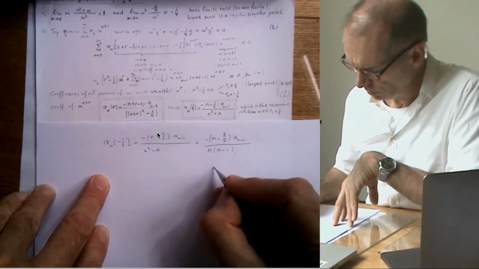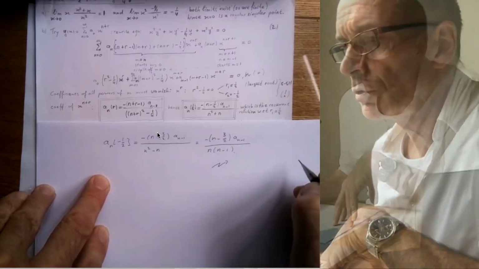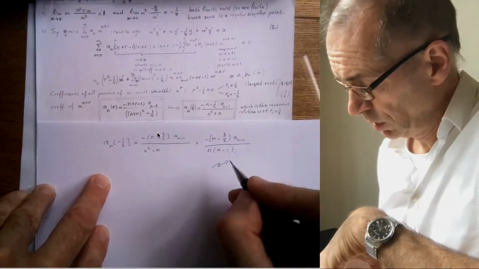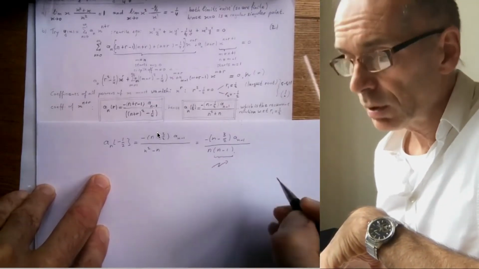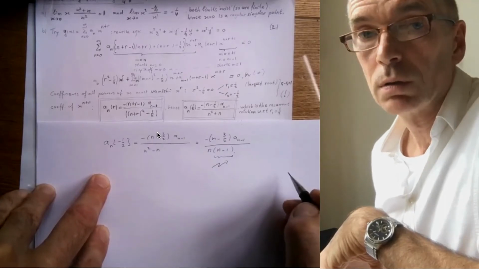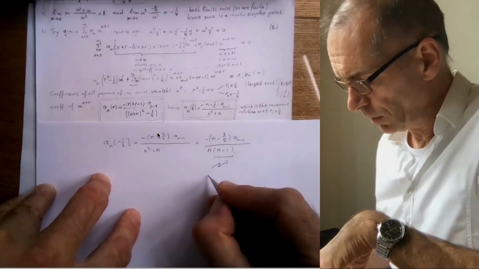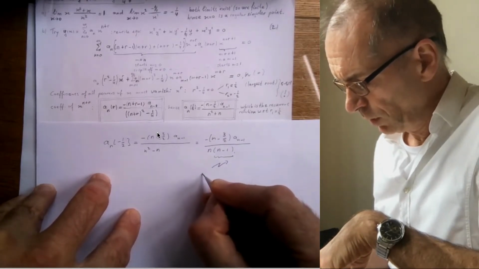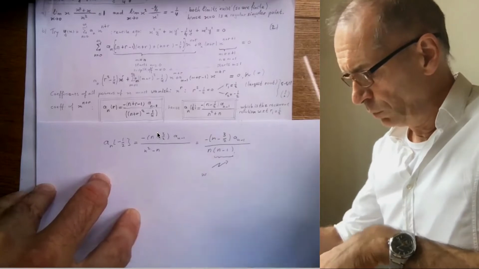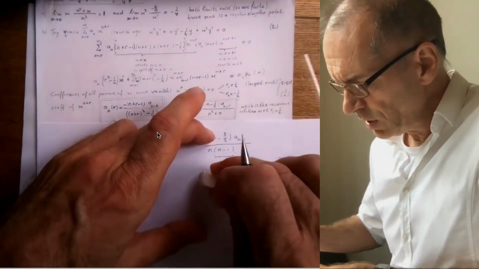Here I put this lightning symbol underneath this factor in the denominator, because you would get a division by 0 if n is 1.